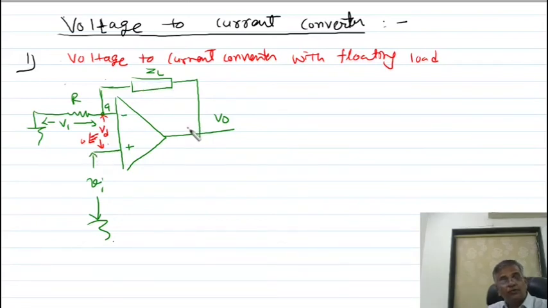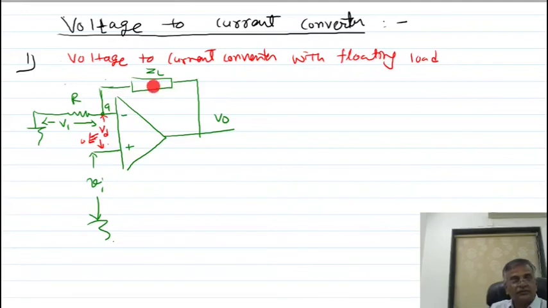Now I want to prove that the current passing to the load, IL, is proportional to the input voltage, and that this IL does not depend upon ZL. That is the important thing that I want to show.